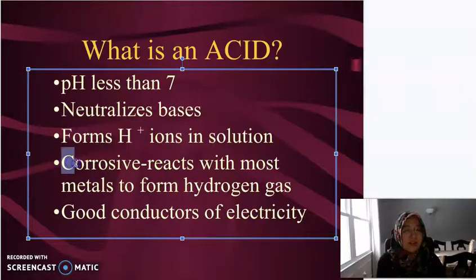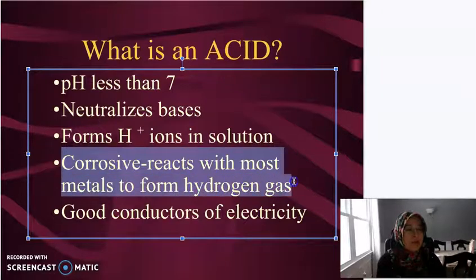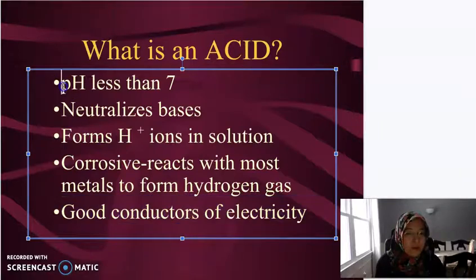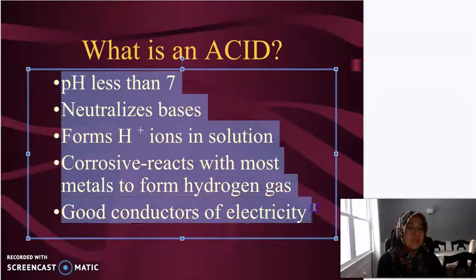Or we can say it is corrosive and reacts with most metals to form hydrogen gas. So acids react with metals and form hydrogen gas, and they are good conductors of electricity. That is why we have acids and bases in our batteries. So they conduct electricity.